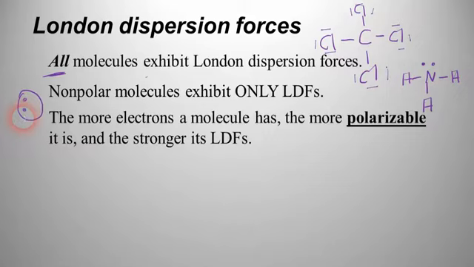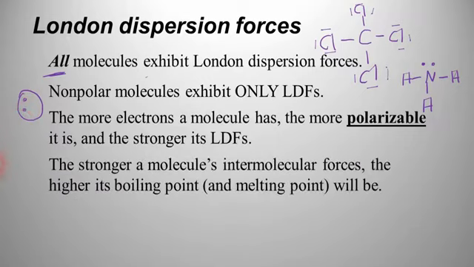So the more electrons something has, the stronger London dispersion forces it's going to have. Helium would be very weak. Neon is greater. Something like radon would have 86 electrons. So imagine all those on that lopsided structure. That could be a fairly strong force.